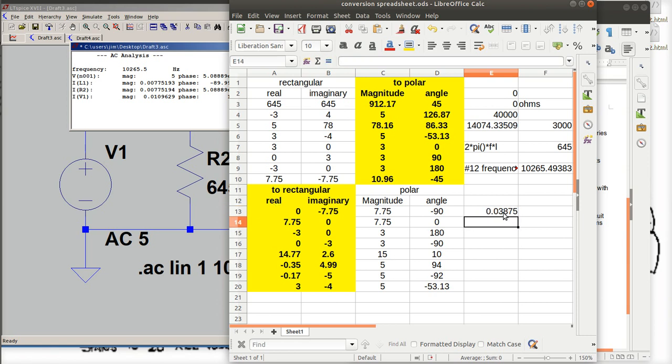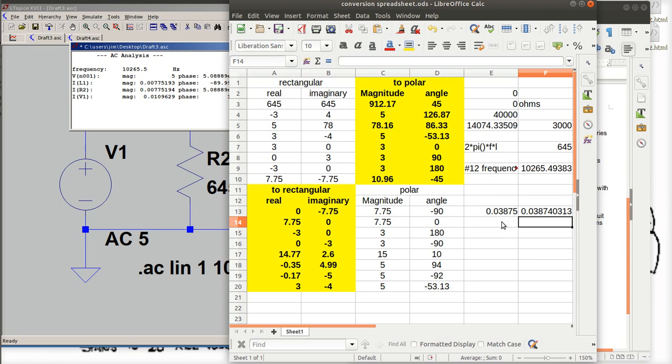So it gives me that much wattage. If I do the I squared R, I'm going to square the 0.00775 and multiply it times 645. Should get about the same answer. 0.00775 quantity squared. And you notice I get the same number. So my watts for this is about 40 milliwatts, which makes it safe to build.